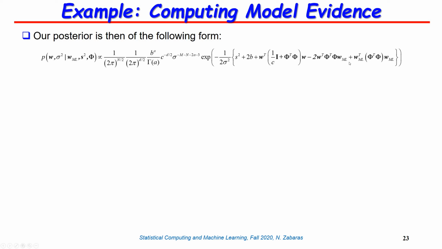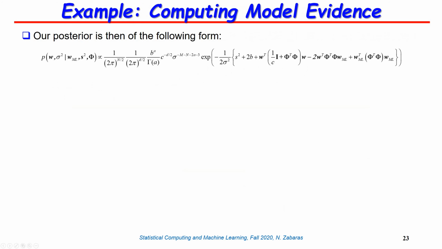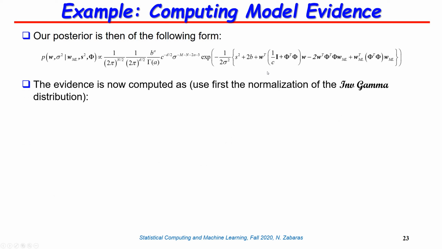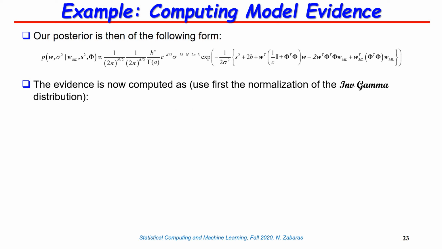This is what you get, and the only thing I have done, except multiplying by the prior, is expand the quadratic term that I had before. So I expanded this term explicitly, and this is what I have. That's my posterior. Now, I intentionally do not give you the parameters in closed form.